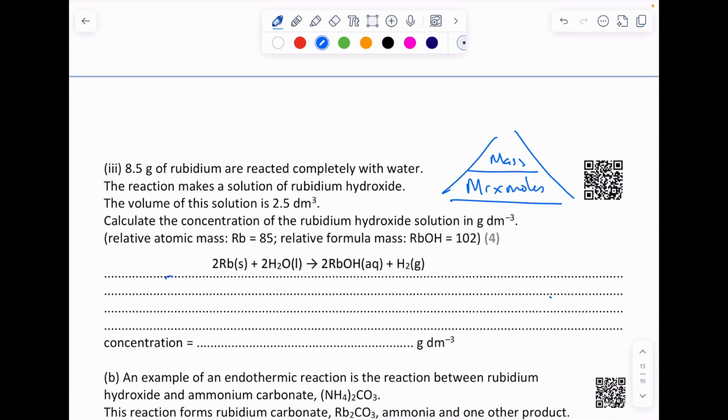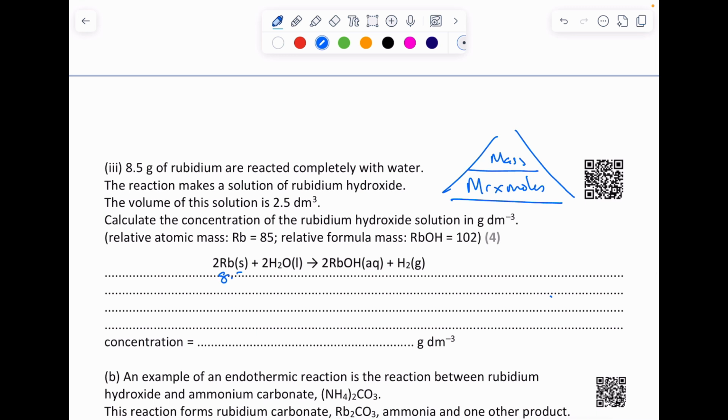Carrying on, here we've got a calculation. What I've done to help myself is I've just copied the equation from above and put it here to give me a reference point. So I'm told there are 8.5 grams of rubidium, and it wants me to calculate the concentration of the rubidium hydroxide, which is this.